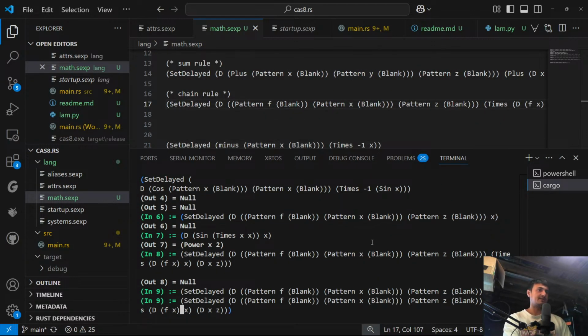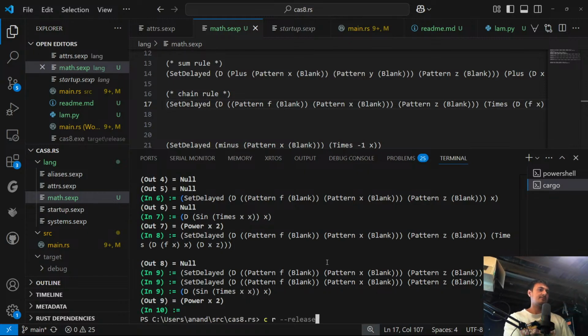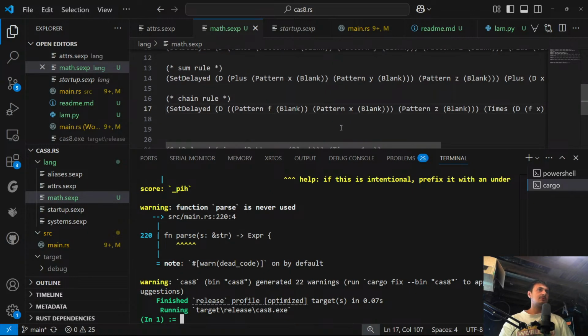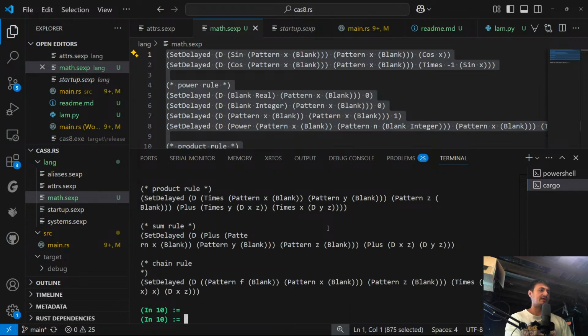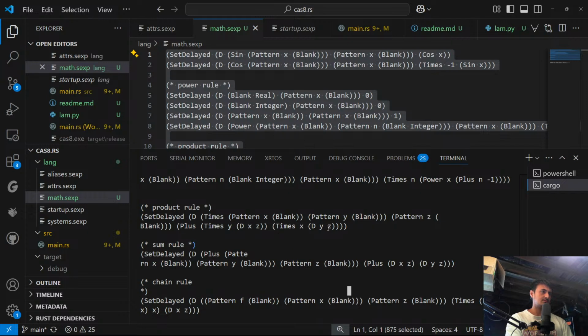So now we overwrite this. Oh, wait, you know what? I think that we might just have an issue with overwriting rules. I wonder. So if I do, oh wait, actually that might work. Oh, I have to do that.